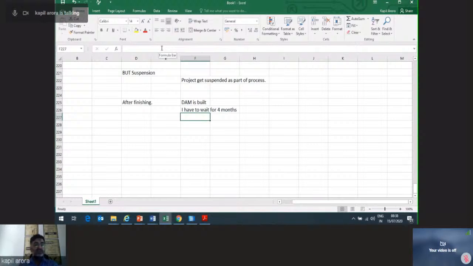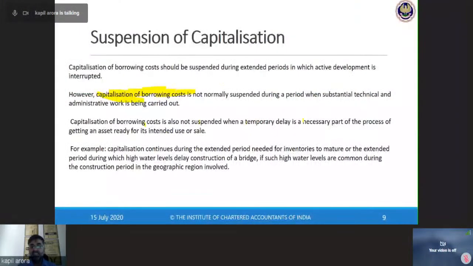So I have to wait for 4 months, and that 4 months is part of the process. This is again suspension, but here suspension is a part of the process, is actually necessary, required.